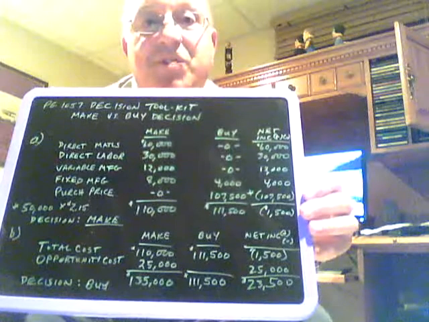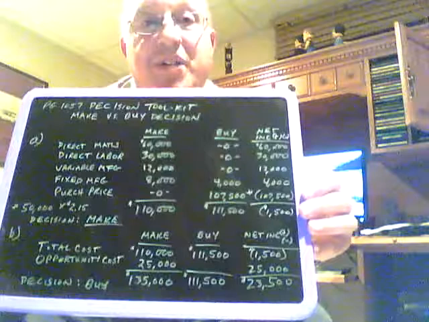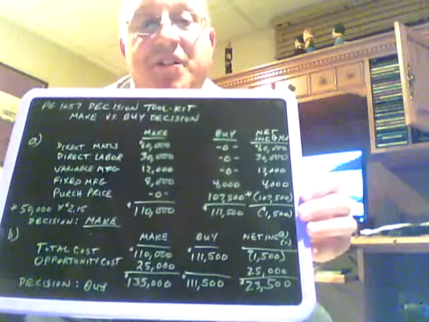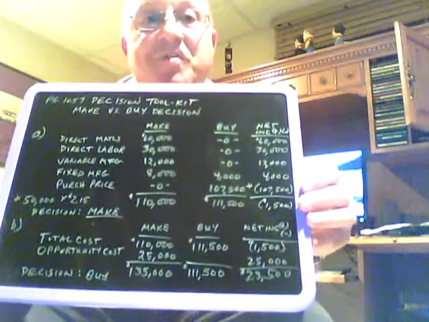What this means is that we're going to have an increase of net income of $23,500 overall if we go ahead and buy the items in this scenario. So that's what we should do.